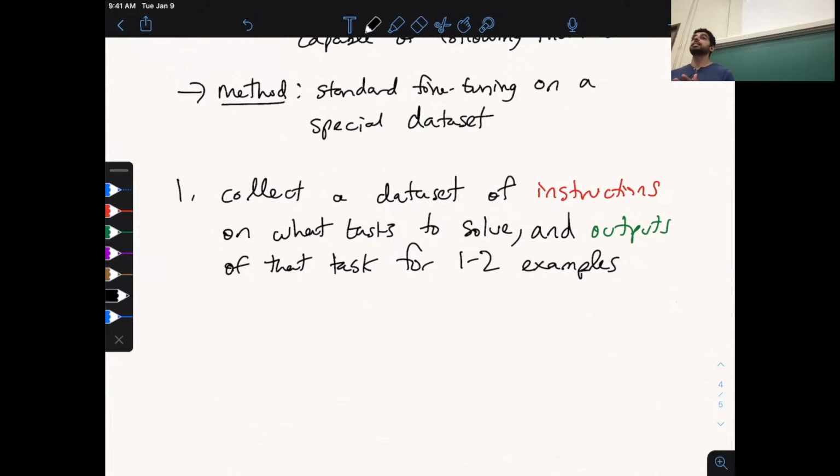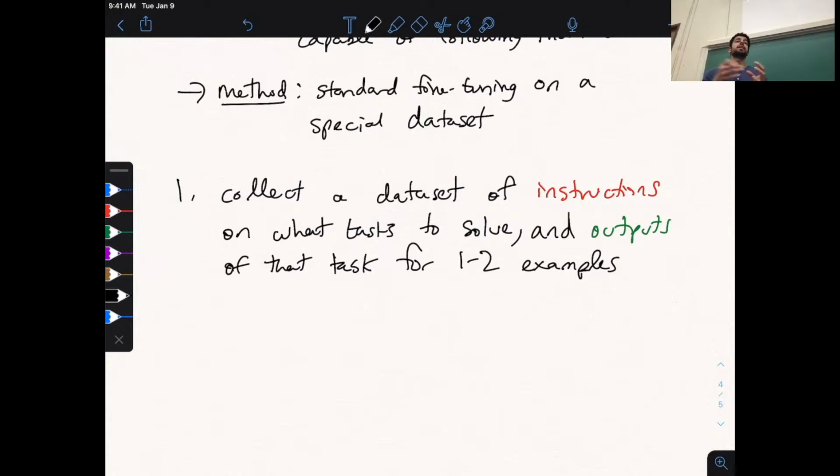In the same data set, I might have, please answer the following question about this paragraph, and have an output be the answer. Or I might have, please write a short summary of this story, and have a corresponding output, right?